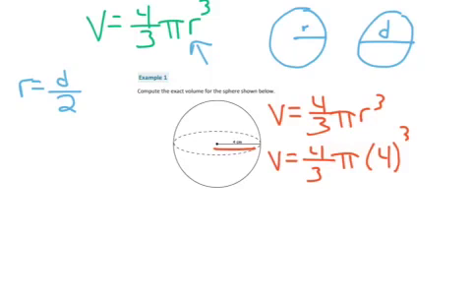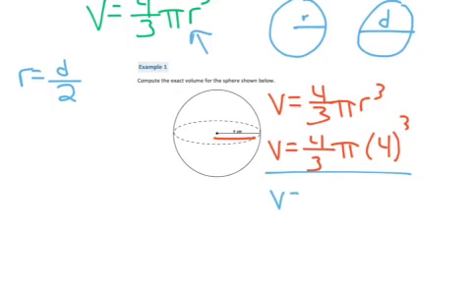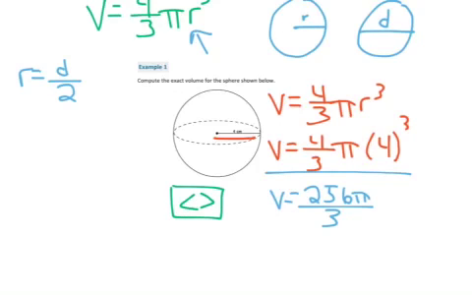If you plug this exactly in your calculator as you see it here, you should get an answer of either 256 pi over 3, or if you don't want to include the pi symbol with it, remember you press the arrow key, which is in the bottom right corner of your calculator, and you would get an answer of roughly 268 cubic centimeters. Make sure you label.